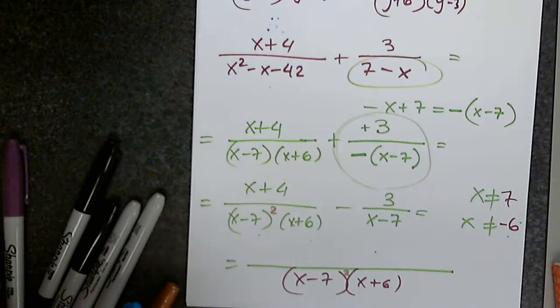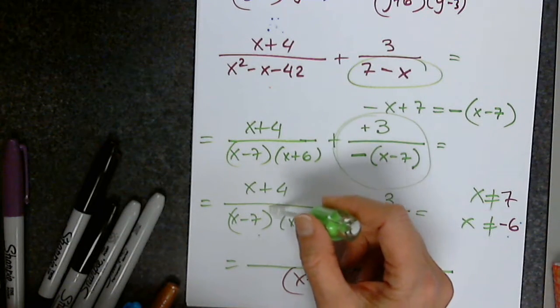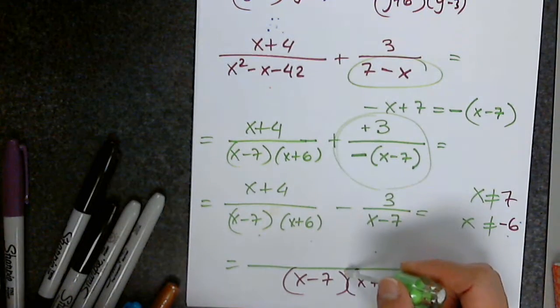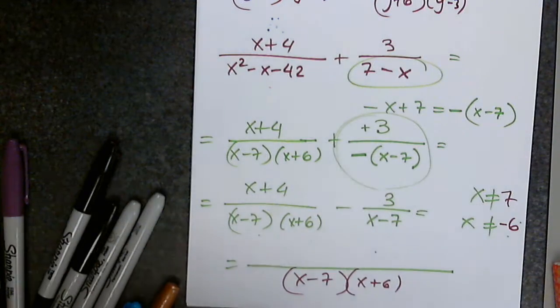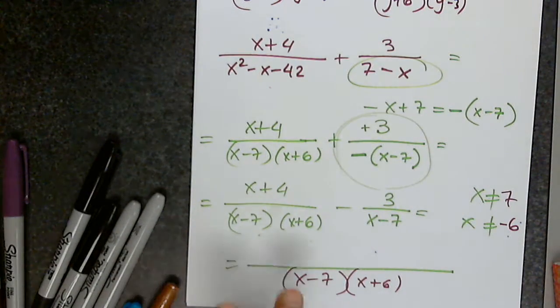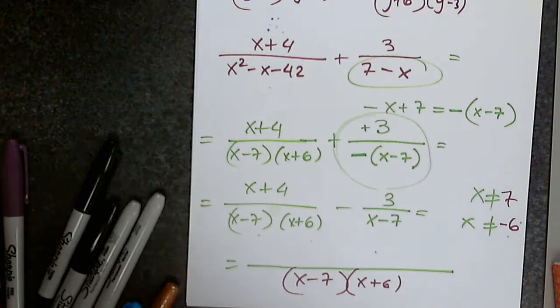The LCD is the smallest multiple that has x minus 7, x plus 6, and x minus 7 as divisors, right? So let me give you an example.